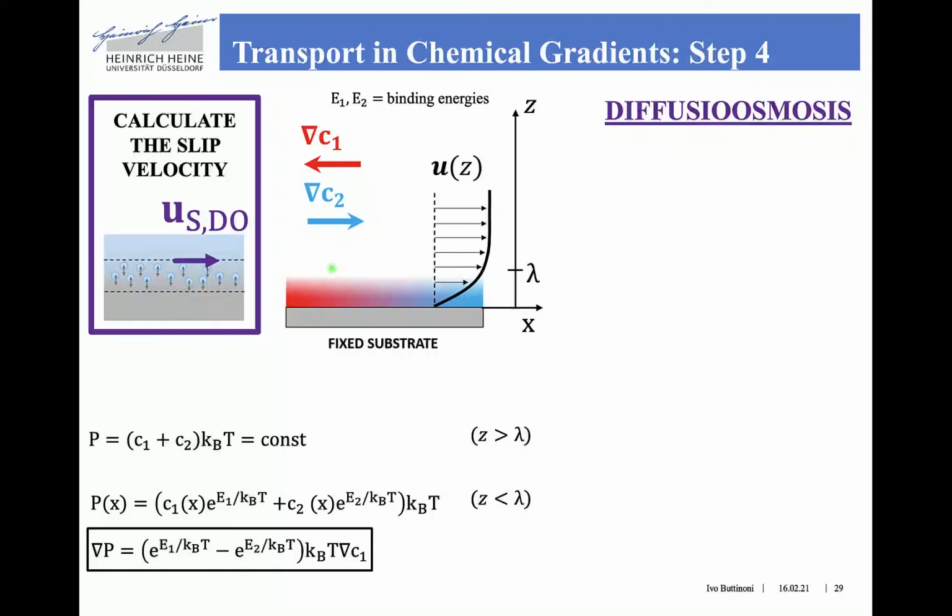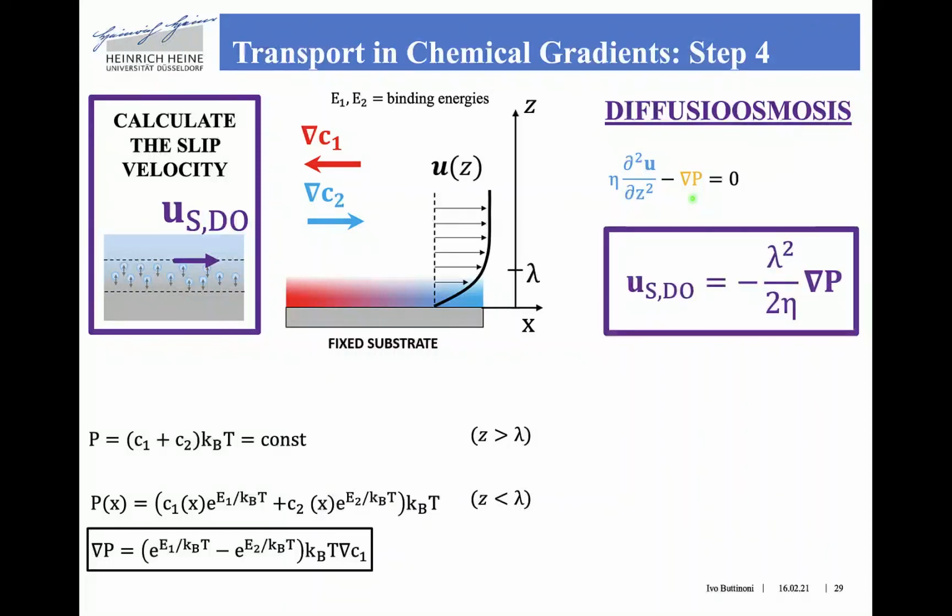Then the force balance, or Stokes equation, is fairly simple. It is the sum of viscous friction and the difference of osmotic pressure. So that after integration and imposing the fixed surface boundary condition as we did before, the slip velocity, which I remind you is defined at the outer bound of the interfacial layer, so here at z equal to lambda, is equal to minus lambda squared divided by 2 times the viscosity of the fluid times the gradient of osmotic pressure.